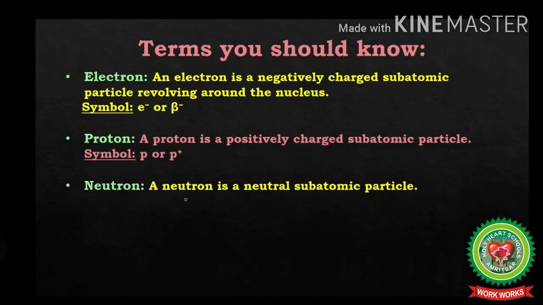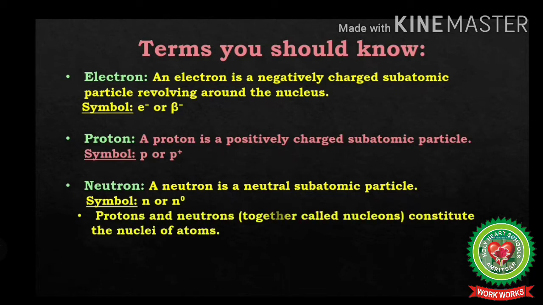Neutron. A neutron is a neutral subatomic particle. It means that it doesn't have any charge and its symbol is n or n naught. Protons and neutrons together are called nucleons and they constitute the nucleus of an atom.